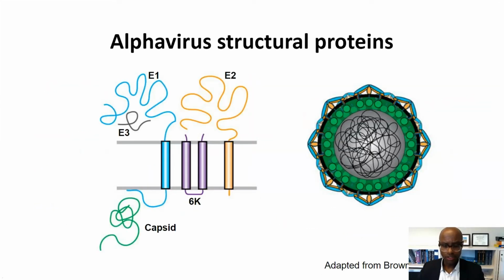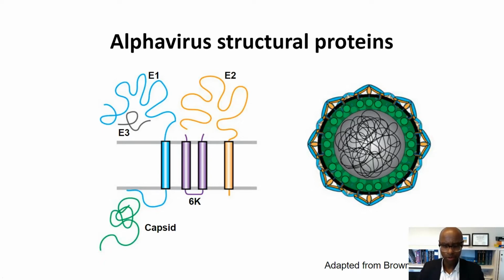The structural protein is subdivided into 6 polypeptides as the protein matures. There's an N-terminal capsid, envelope glycoprotein fragments E3, E1, E2, and 6K. E1 and E2 are really the business end I'll be telling you about today during my presentation.